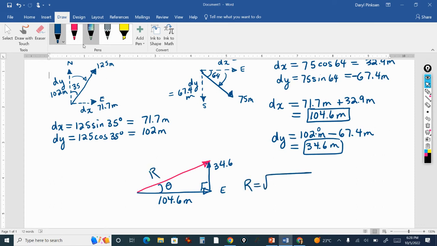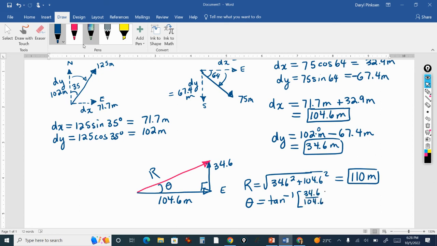It's going to be the square root of 34.6 squared plus 104.6 squared, which is 110 meters.